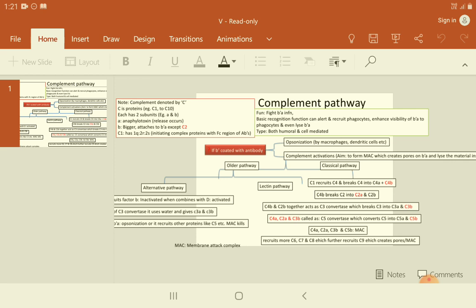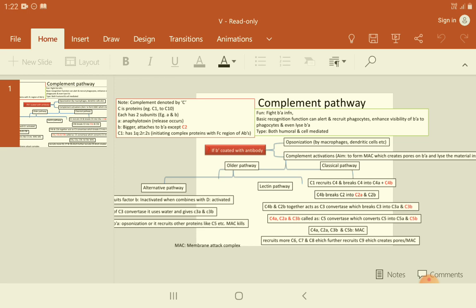So we have bacteria coated with antibodies, which will either be opsonized by macrophages, dendritic cells or any other opsonizing molecules, or will activate the complement pathway, which aims to form the MAC, that is the membrane attack complex. This ultimately creates pores in the bacteria and lyses it, so that the inside material of the bacteria comes out, and it ultimately dies.